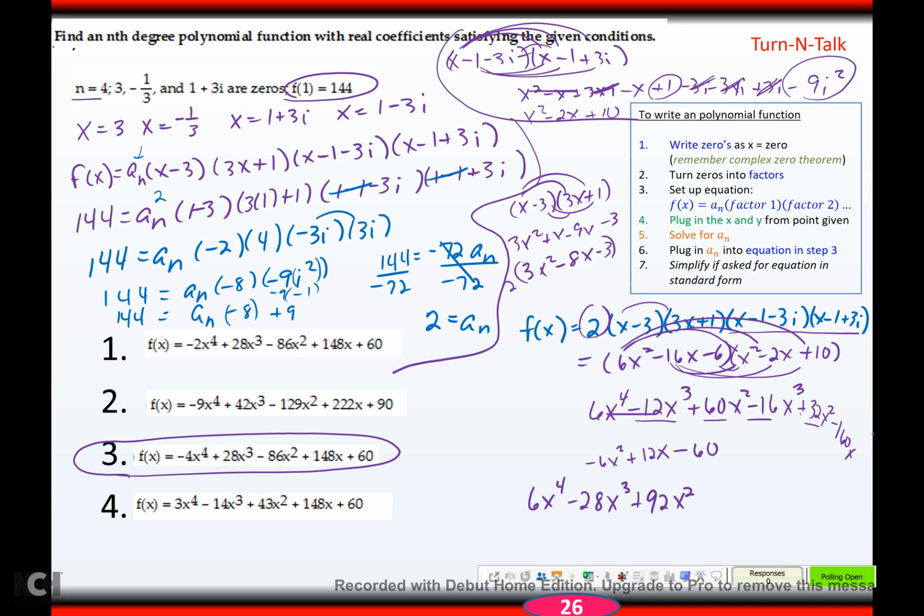Nope. 92 minus 6 is 86. Minus 86x squared. Minus 160 plus 12 is, I'm all messed up, 148x minus 60.